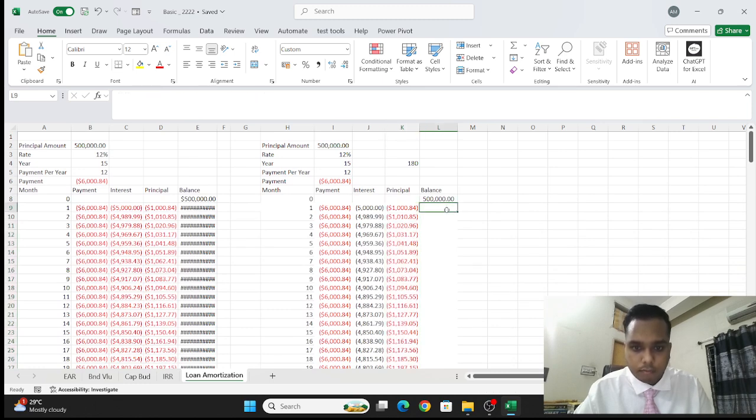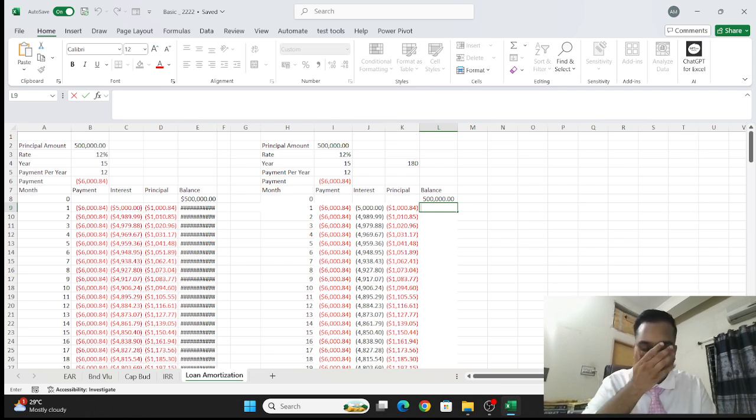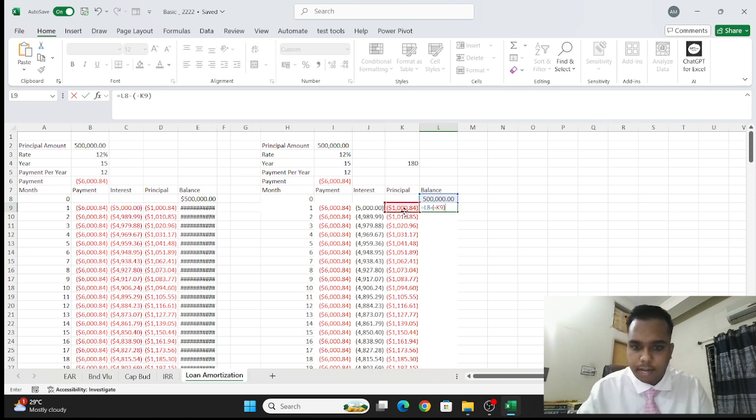Now it is time for the balance. The balance is the difference between the principal and the balance. So we will write this formula: equal balance minus principal. It is already in the minus format. We'll close the bracket.